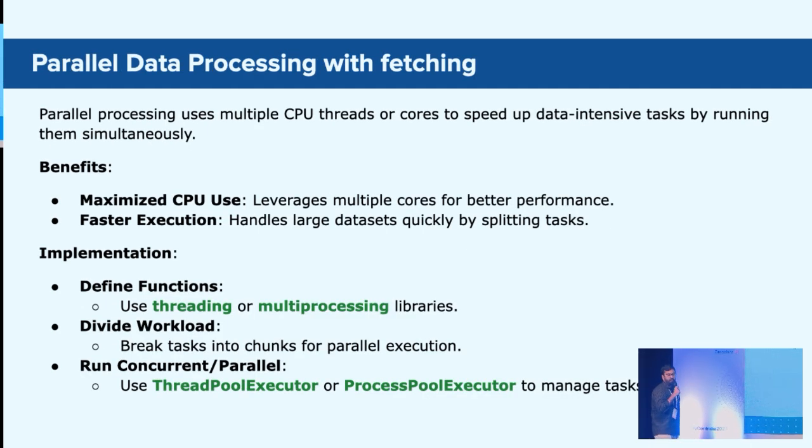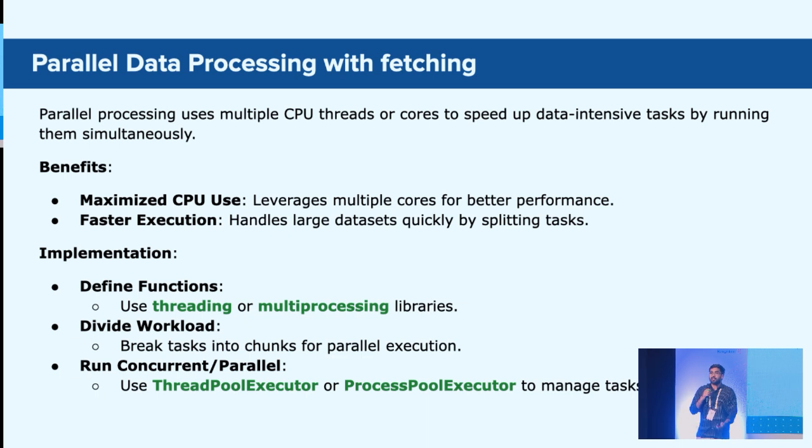So next we have parallel data processing with fetching. In the case of parallel processing, we know fetching is an IO operation. So with the help of fetching, you can also run your processing or training simultaneously. You can use multiple CPU cores or threads so that you can get better performance.